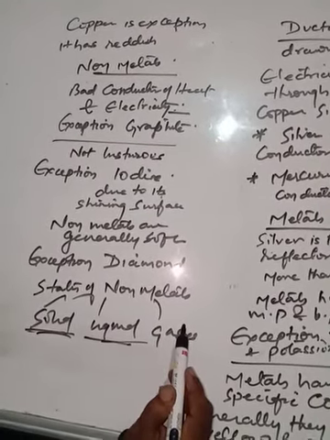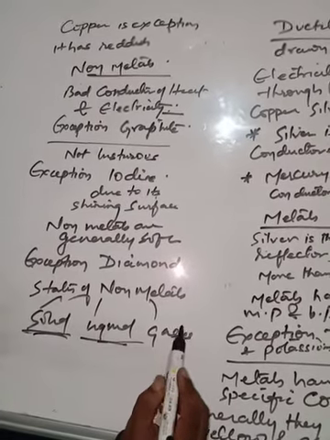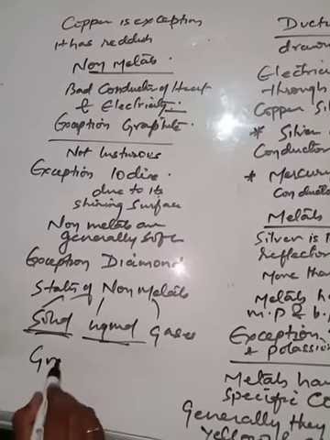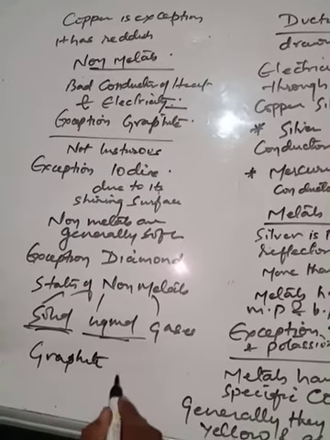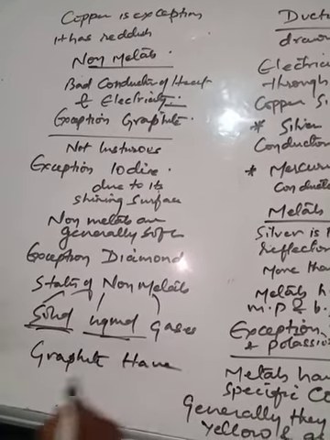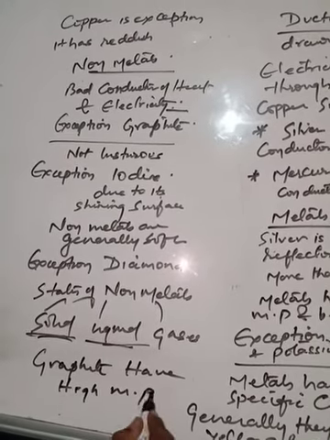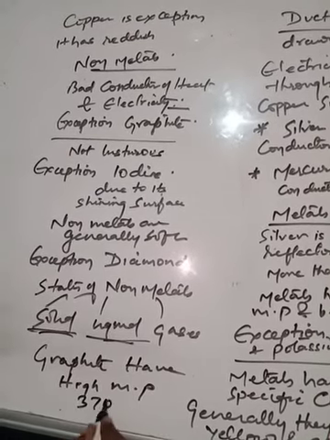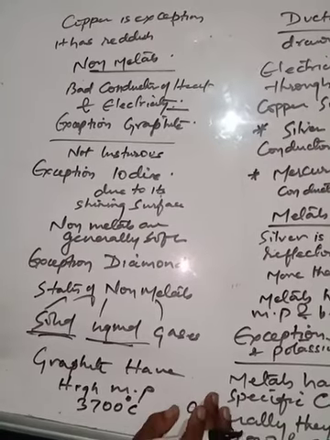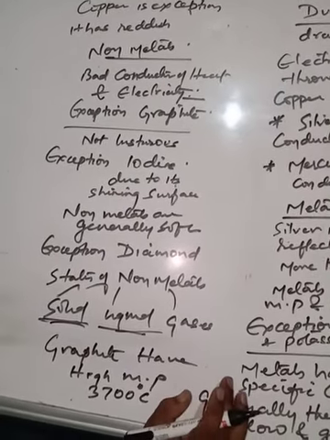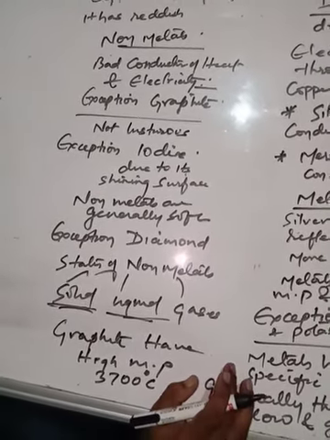Non-metals have generally low melting and boiling points, except graphite. Graphite has a high melting point, around 3700 degrees Celsius, and it is used in film projectors.